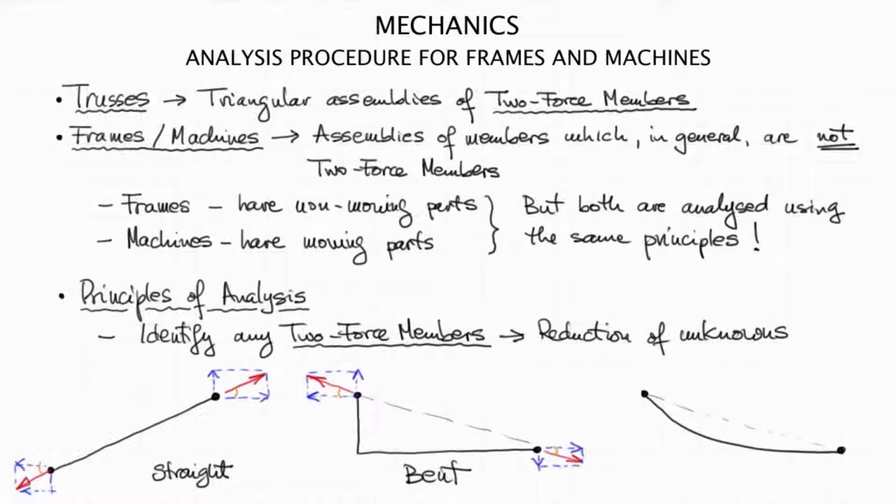And again, similar rule, the internal reaction forces at the ends of the member line up with the line connecting the ends of the member. So it's very important if you can identify the two-force members, because you will reduce the number of unknowns and hence the number of equations, and therefore the solution will be much simpler.